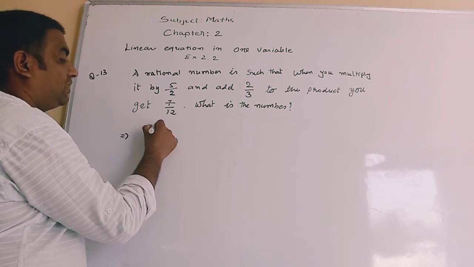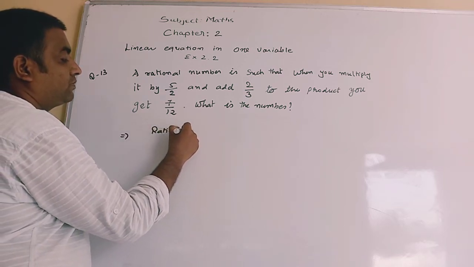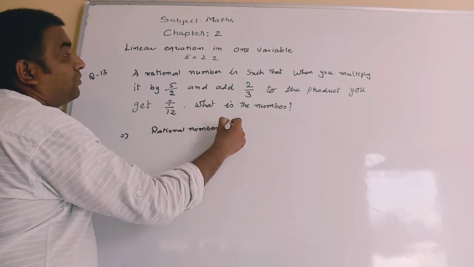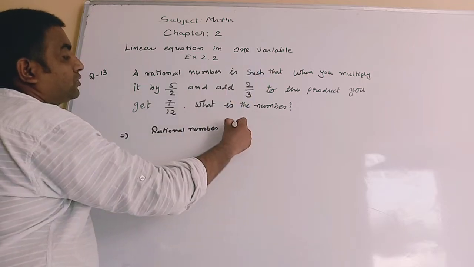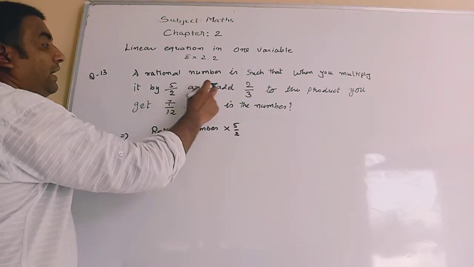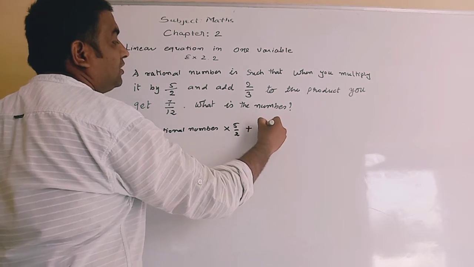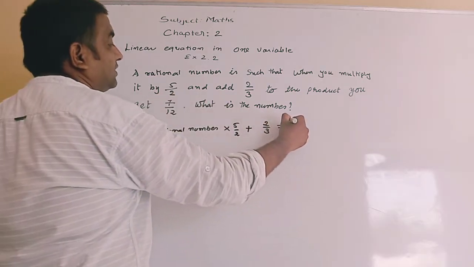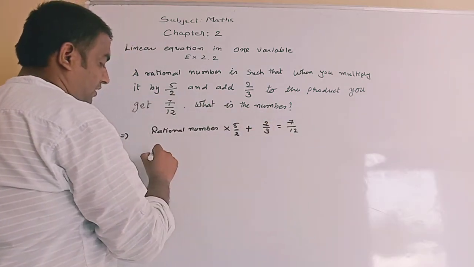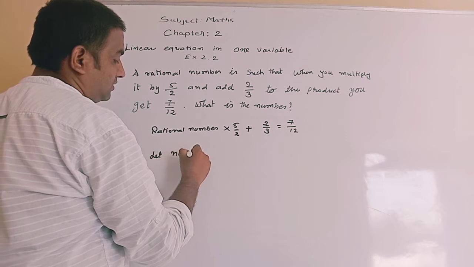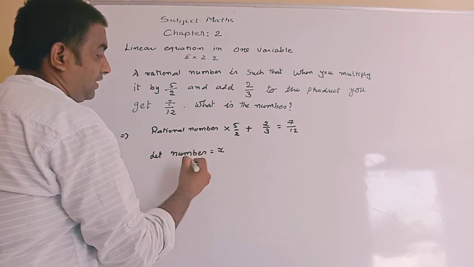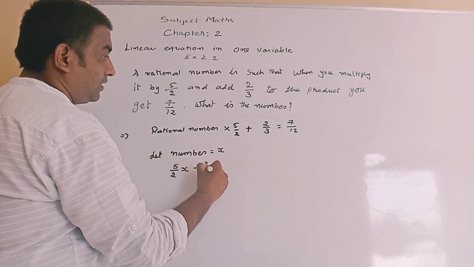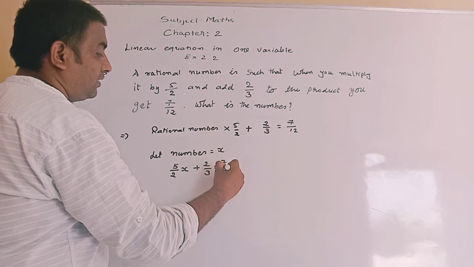So the rational number is multiplied by 5 by 2, and add 2 by 3 to the product, you get 7 by 12. So let the number equal x, then 5 by 2 x plus 2 by 3 equals 7 by 12.